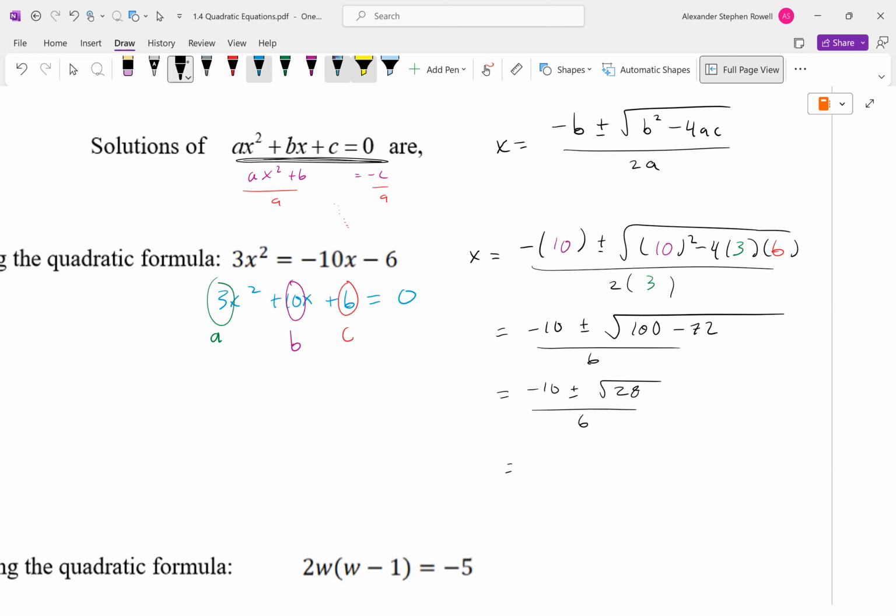do you like to keep it under a single denominator or split up the denominator? I would say splitting it will create less mistakes when you reduce it. But I'm fine with you doing it either way. So if we split the denominator, it would be negative 10 over 6 plus or minus square root of 28, which we can write as 4 times 7, you said?